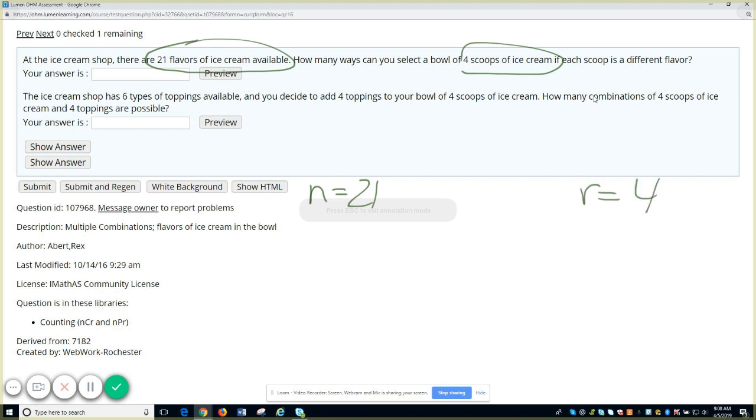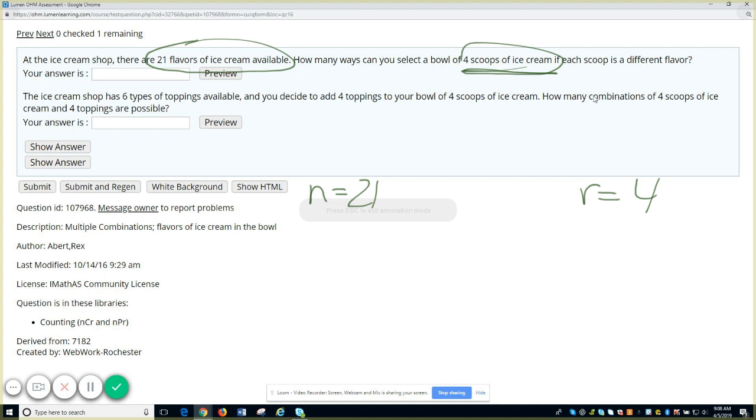Now, the next question is very important: to decide whether the problem communicates that we care about the order of the same 4 scoops of ice cream. And it doesn't seem to care. There's nothing in the problem that says that you care about counting the reorders of the same 4 scoops.